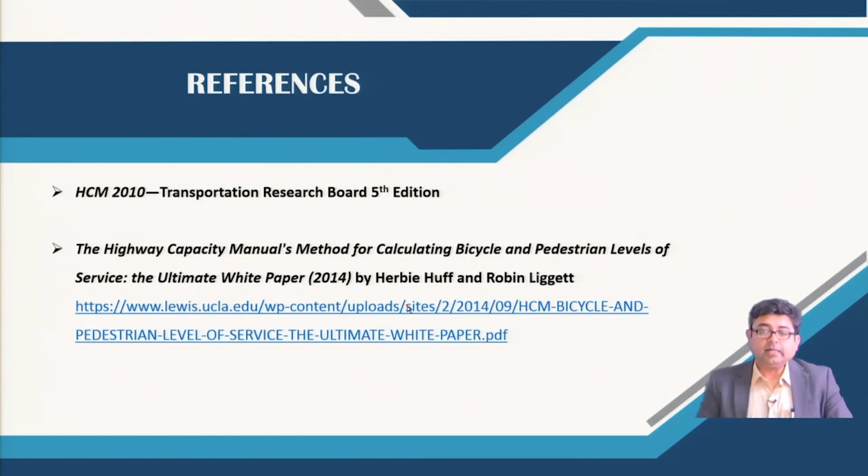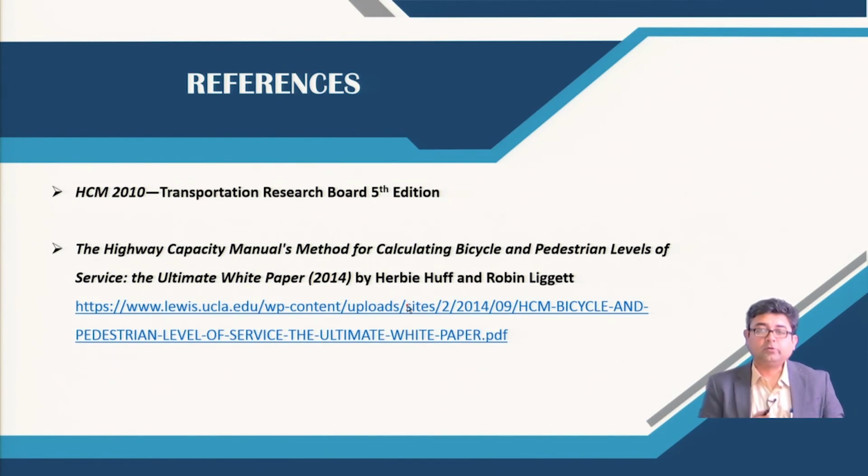So, hopefully this was an extended session from the last lecture, where in the last lecture we only told you about how to calculate the pedestrian level of service for the link and the intersection. In this lecture, we continued from that to tell you about how to calculate the pedestrian level of service for the entire segment and then for the entire facility.